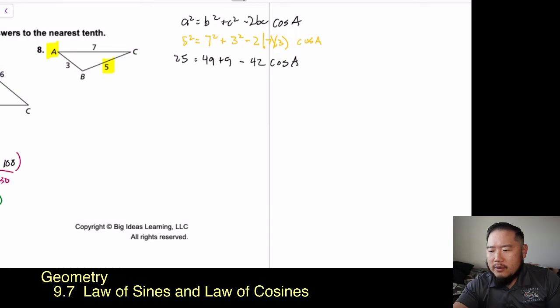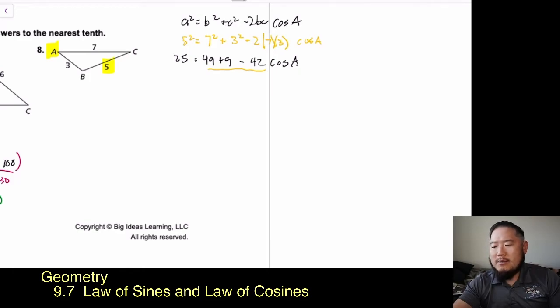When you look at 49 plus 9 minus 42, a lot of students will combine all of that together. The problem here is you can't do that because that negative 42 is attached to that cosine of A. It's negative 42 times cosine of A. So you can't split that apart.